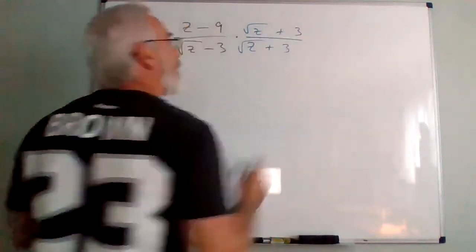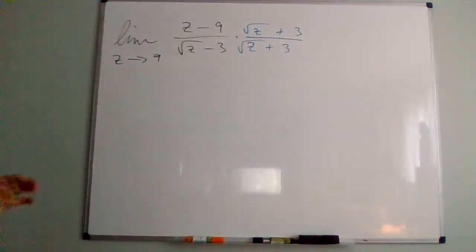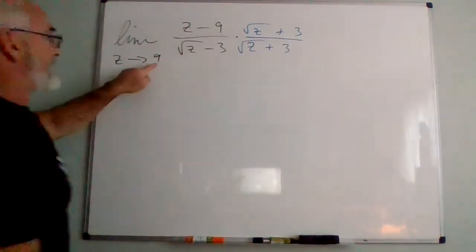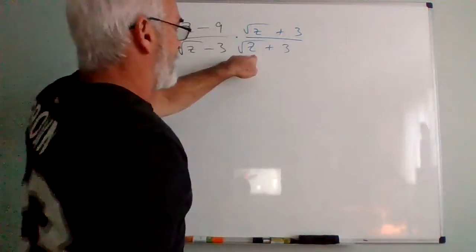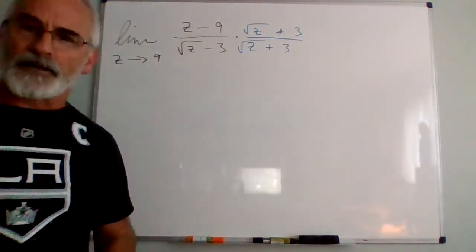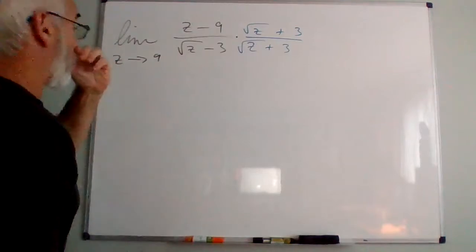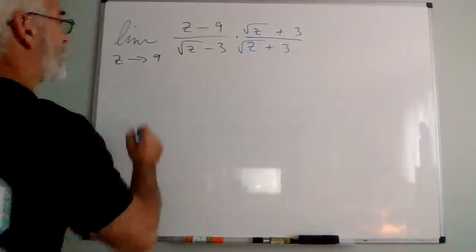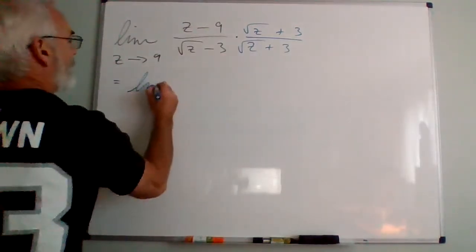So essentially, I'm multiplying by 1. And in fact, there are no problems here because as z approaches 9, root z plus 3 is approaching 6. So in a sense, I'm kind of multiplying numerator and denominator by 6, or by numbers that at least are approaching 6.